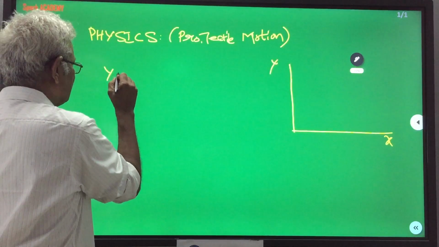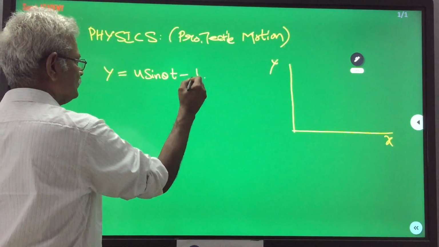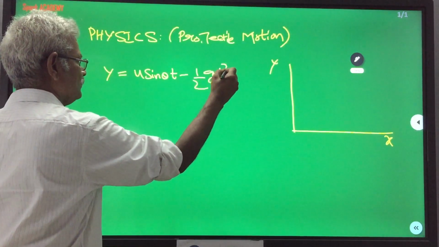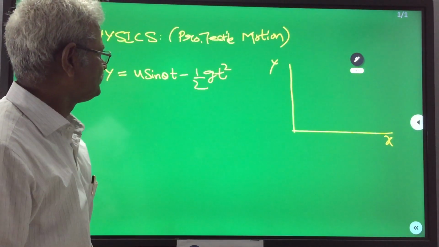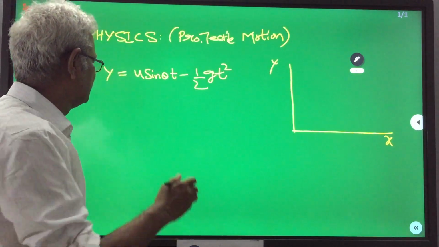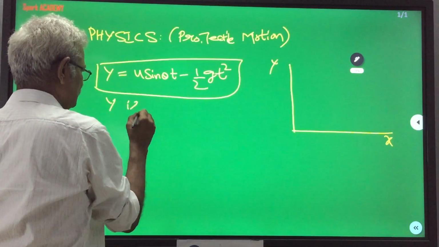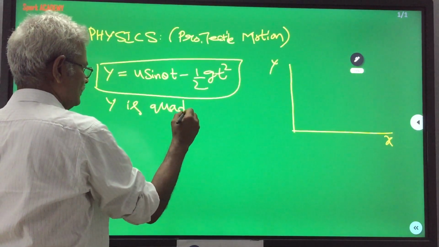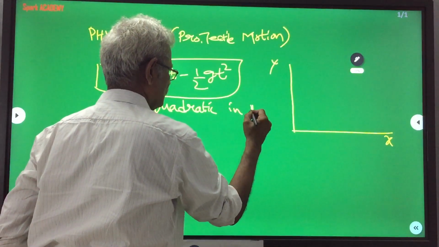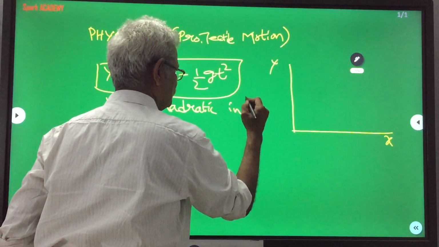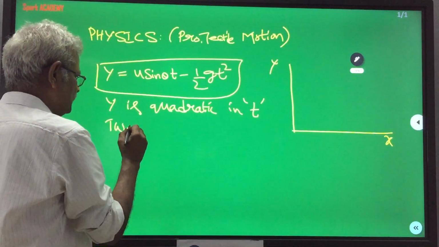Now we have written y is equal to u sin theta t minus half g t square. Understood? What does this mean here? It is quadratic in t. What is quadratic?